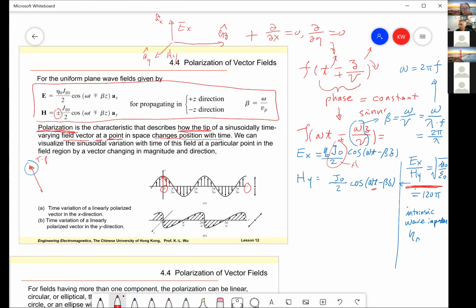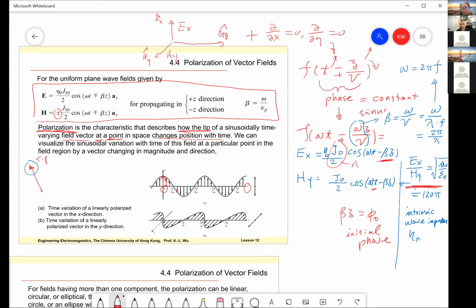So this is exactly like I fix that, because beta is constant, I observe cosine omega t, and the fixed beta z is just the initial phase.